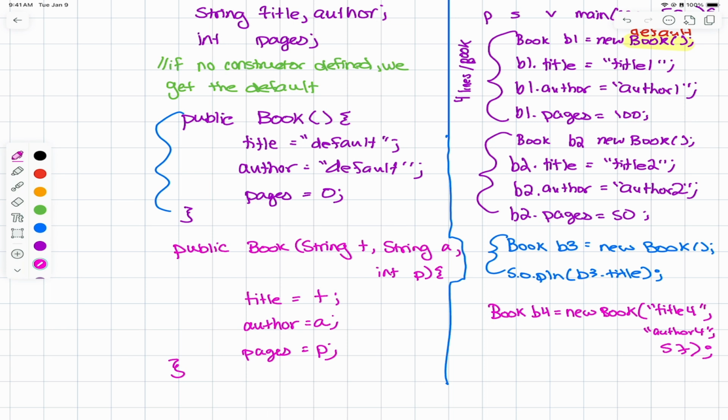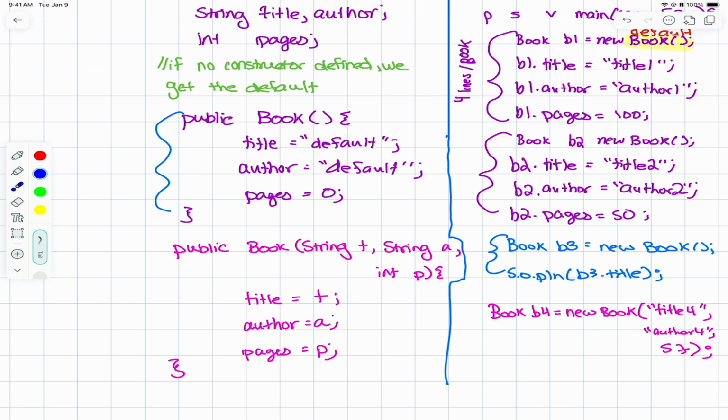And now when we actually call book B4 new book, this new book will try and find a constructor that has a string, string, and int. It will find it right here, string, string, and int. It works just like a method would. So it finds it, it passes in these three pieces of information into T, A, and P, and then it sets them in title, author, and pages.